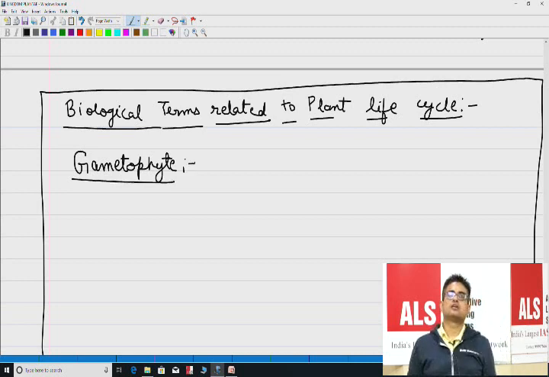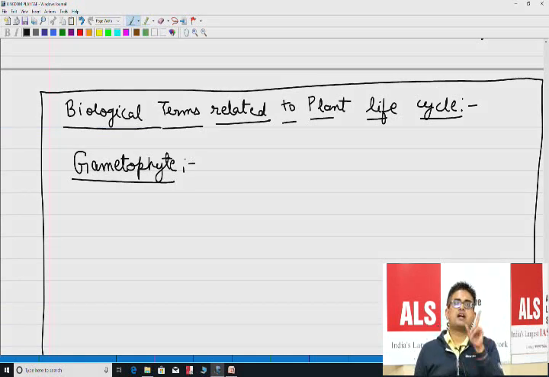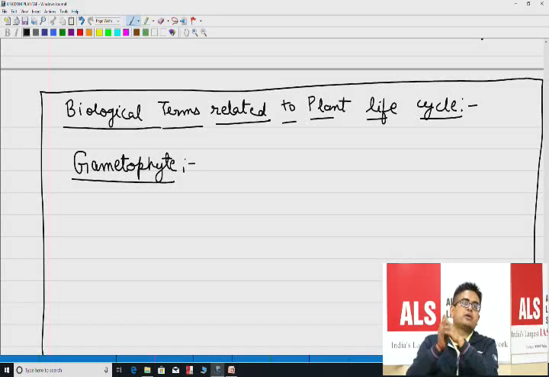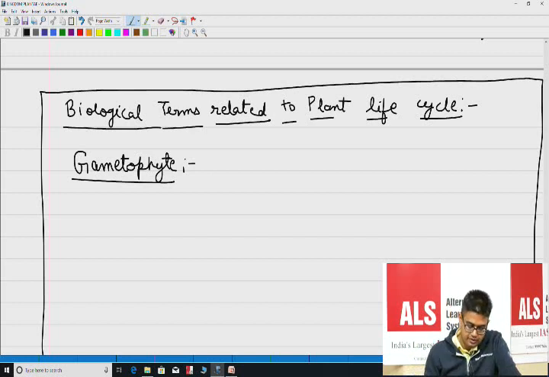Gametophyte means that part in the life cycle of the plant which is able to make gametes. The plant body which is able to make gametes is called gametophyte. Then there is another term called sporophyte.